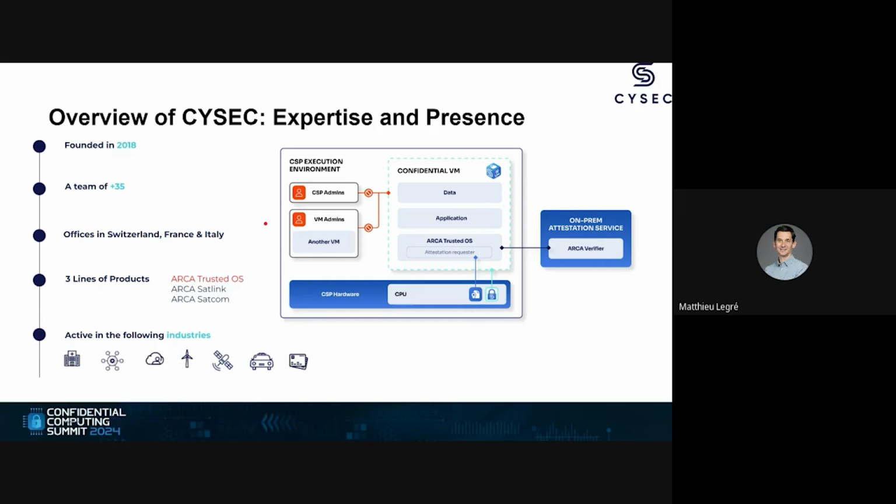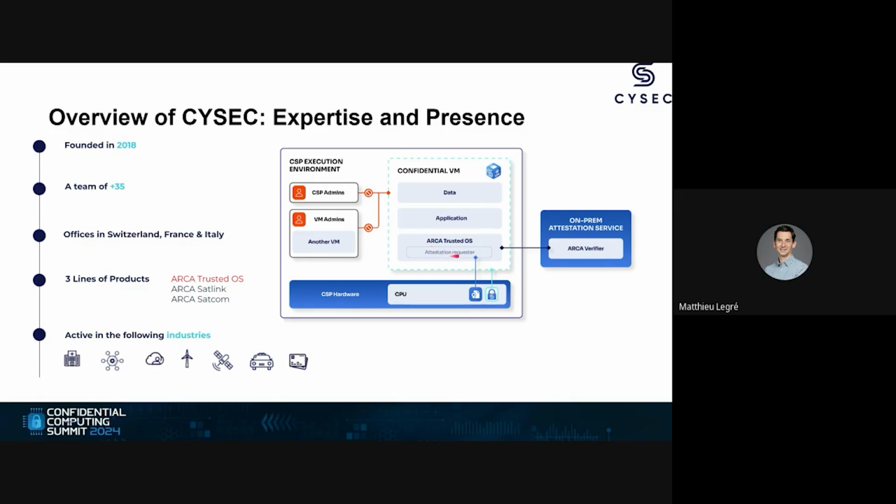So I guess you are familiar with this. There is a confidential VM, so it's a virtual machine that is running in a confidential computing context. The guest OS of this confidential VM is Arca Trusted OS.